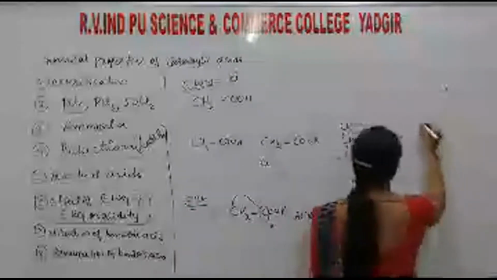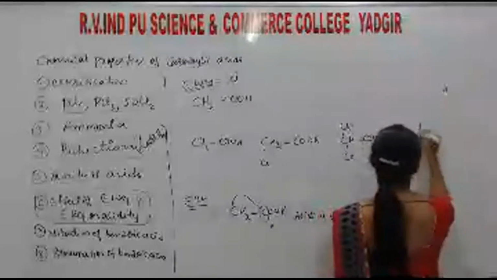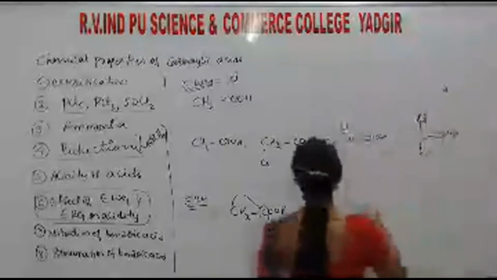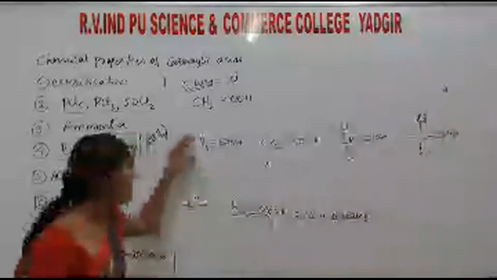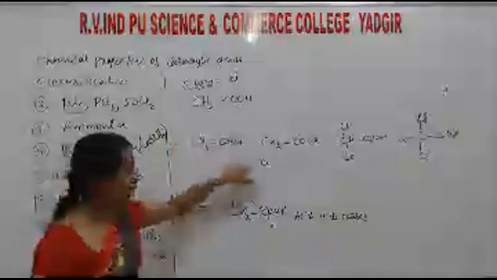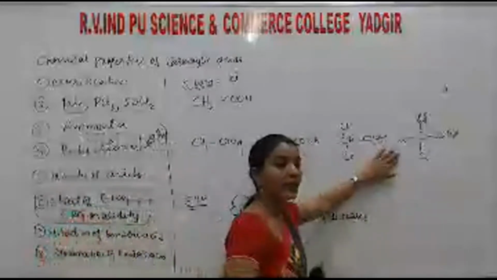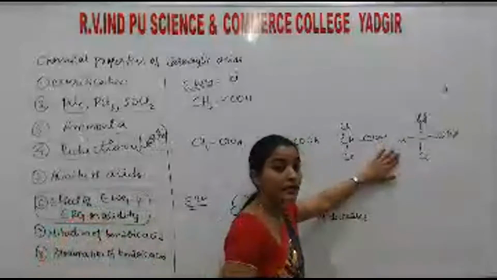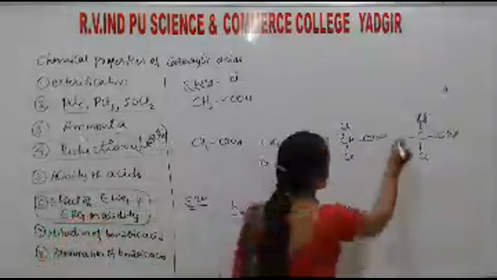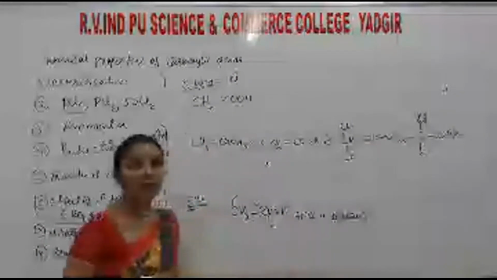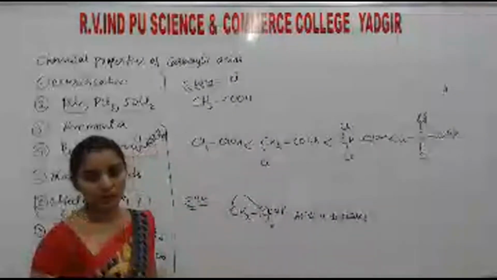And CCl3COOH. So students, here this is the electron releasing group, this has one electron withdrawing group, then 2, 3. As I told you, as the number of withdrawing groups increases, the acidic character increases. So this is the correct increasing order of acidic character.